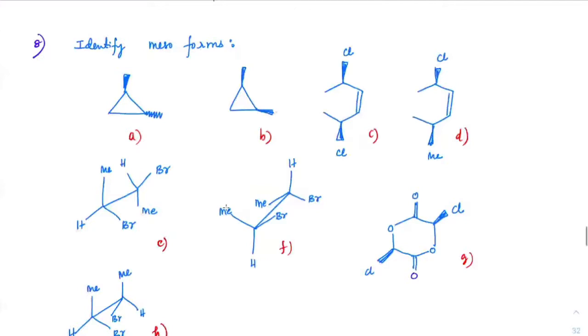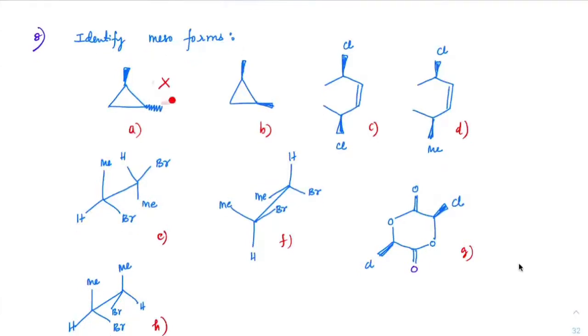Out of this, is P a mesoform? No. For mesoform, what do you search? Plane of symmetry. So it is not a mesoform. First one, not a mesoform. Second one? Is it a plane of symmetry? Yes. Next one, you can see plane of symmetry. So this is also a mesoform. Next one, no. Molecules are different. This one, yes. C, everybody.